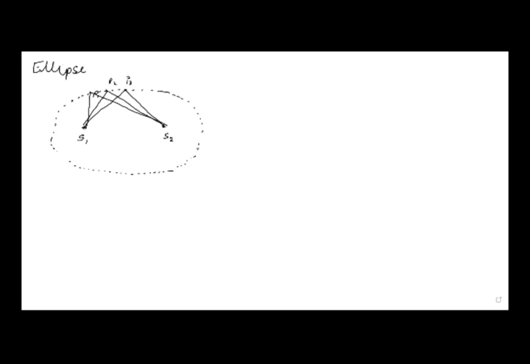You can see that we have two focus, therefore here the two fixed points are called foci, and the exact midpoint of these is called the center of the ellipse. So if I take the midpoint of these two points, then I will get the center of the ellipse.